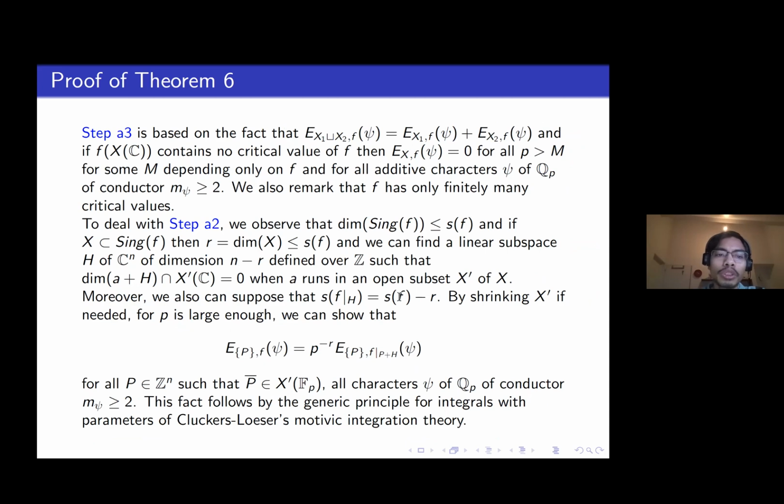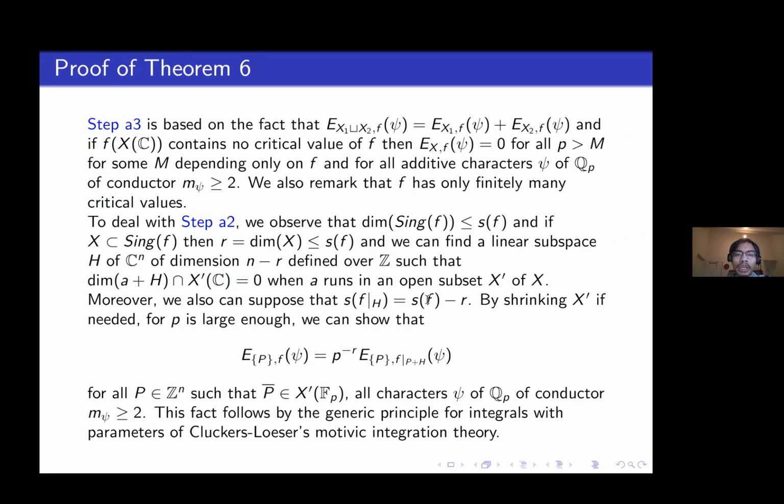In addition, if we suppose that X is a subset of the singular locus of F, and the dimension of X, denoted by r, is less than n_F, then we can find a linear subspace S of C^n of dimension n minus r defined over Z, such that the dimension of the affine space A plus S intersected with X prime is 0, when A runs in a suitable open subset X prime of X. In addition, we can also suppose that the n_F of F restricted to S equals n_F minus r.